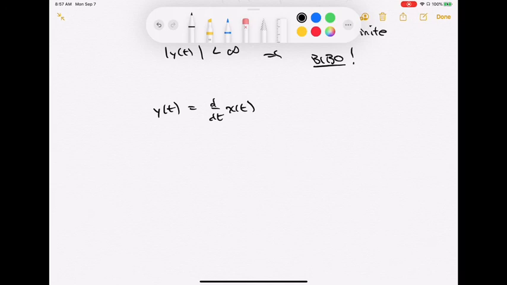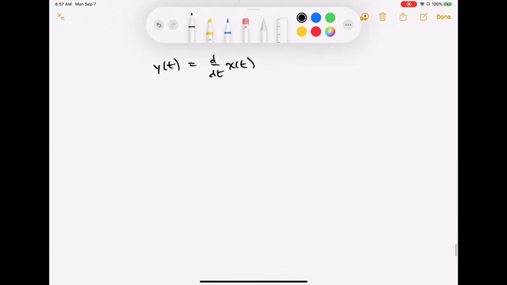We saw that earlier, knowing that the derivative of a unit step, for example, creates a delta function, right, that has infinite output. So I'm going to do this by counterexample. Let's let the input x(t) be just this. It's a unit step function. So we're going to let it be a unit step.